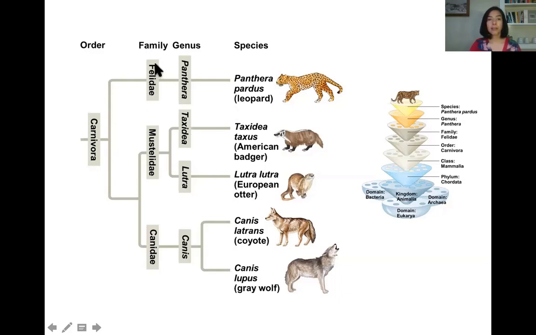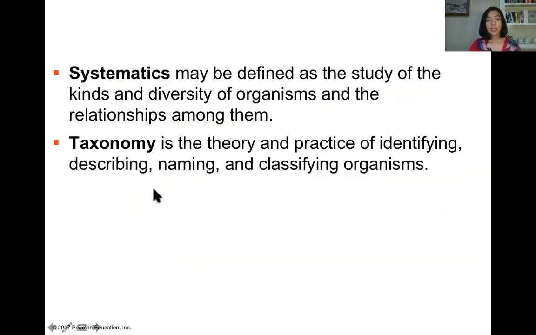Now we have the family Felidae that we went through, but it also includes the family Mustelidae and the family Canidae. So your dogs are in this group around here, right? This is Carnivora, so they are species that eat meat. And we can see this hierarchical classification. So those are the two contributions that Carl Linnaeus had, and we are still using the binomial nomenclature, and somehow we still use this hierarchical classification.